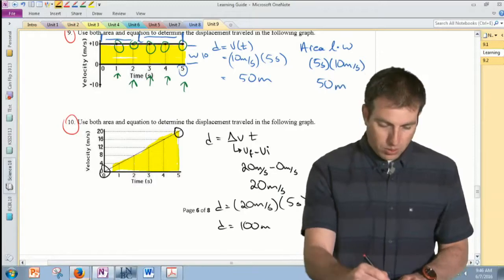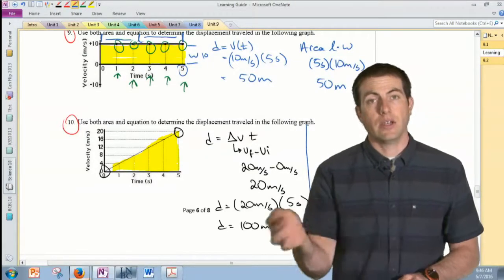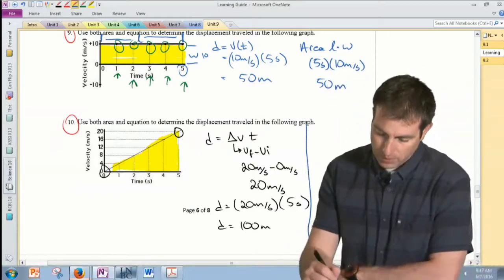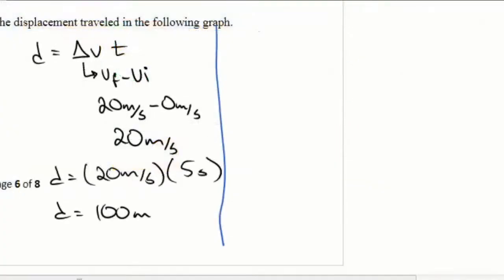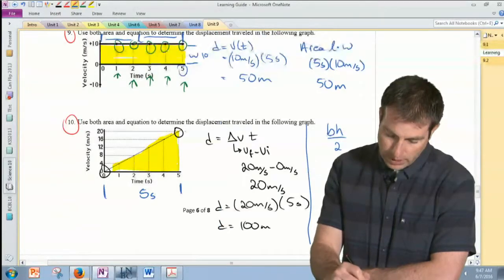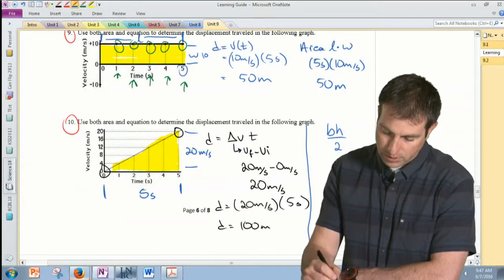The second part of the question asks me to use the area under the graph to determine the displacement, which is going to be the exact same thing. If I have the area of a triangle, it's going to be base times height divided by 2. The base of my triangle is going to be 5 seconds. The height of my triangle is going to be 20 meters per second.